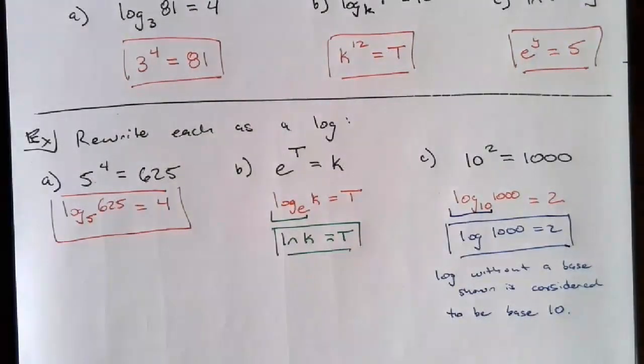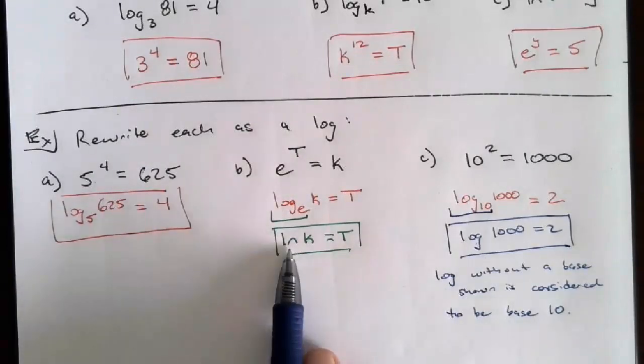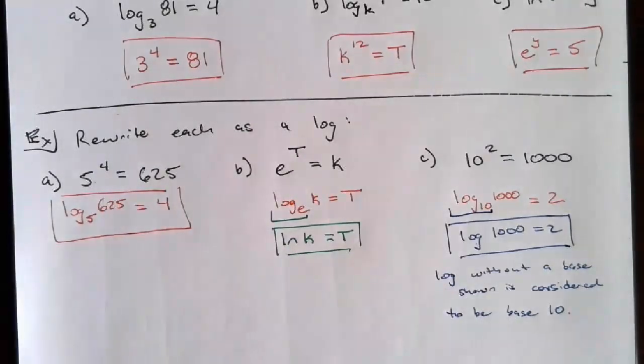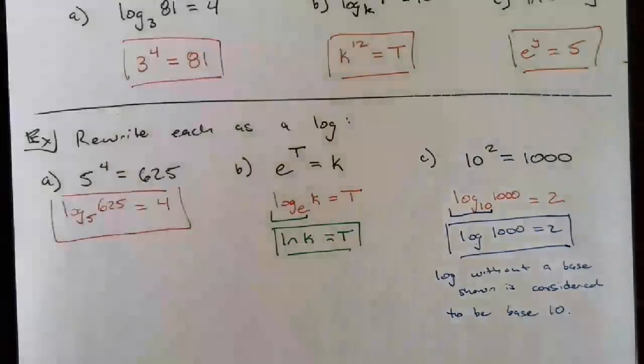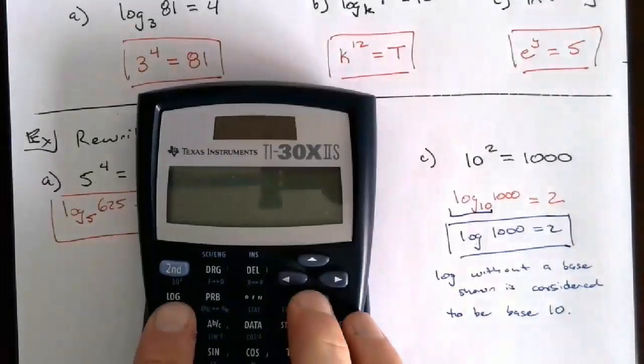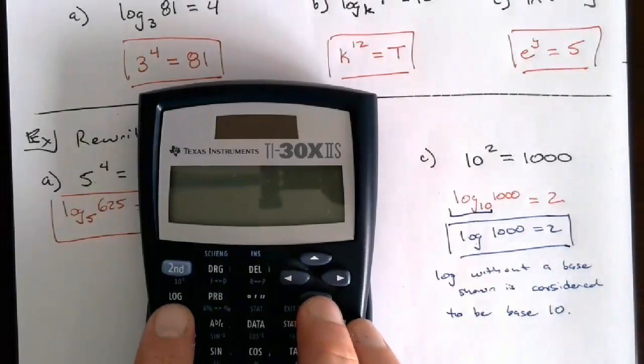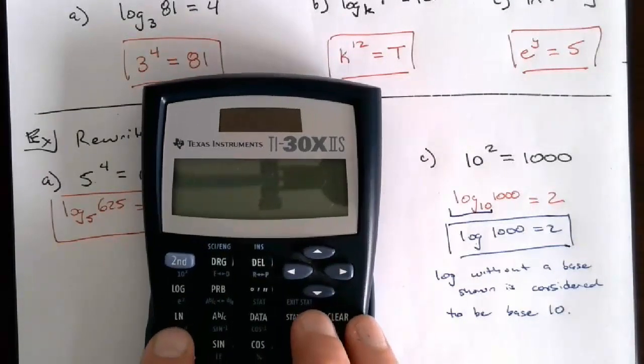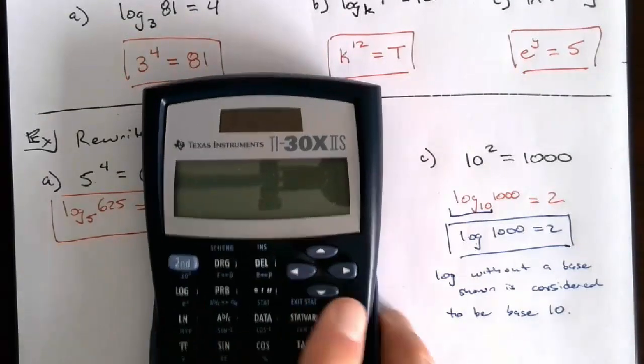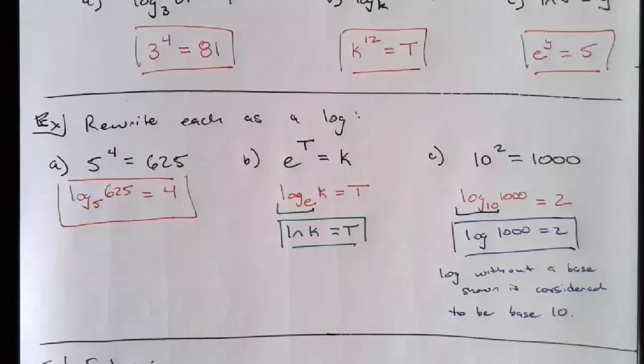Right, and that's something you should know. So if you just see log, we know the base is 10. If you just see natural log, ln, you know the base is e. And then any other base, you'll see. On your calculators, typically you'll have a log button, log. Log means base 10. ln, natural log, means base e. You should know that when you see those.